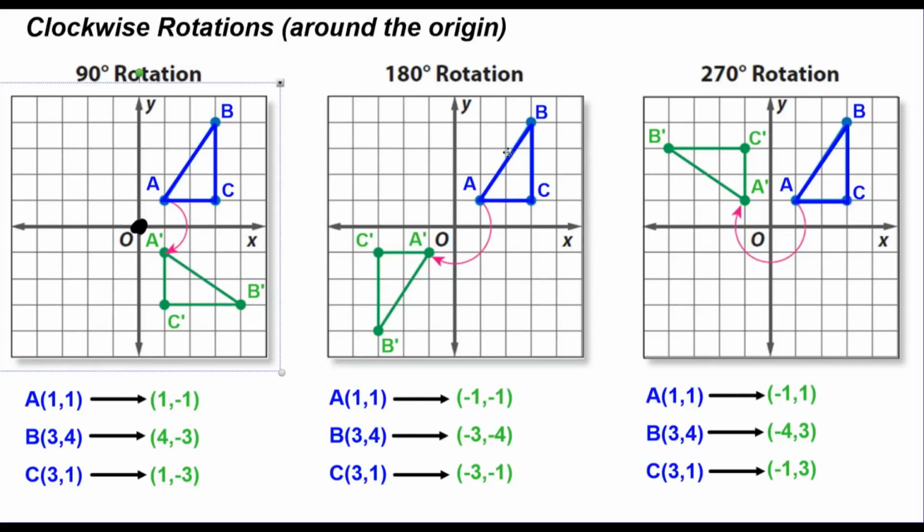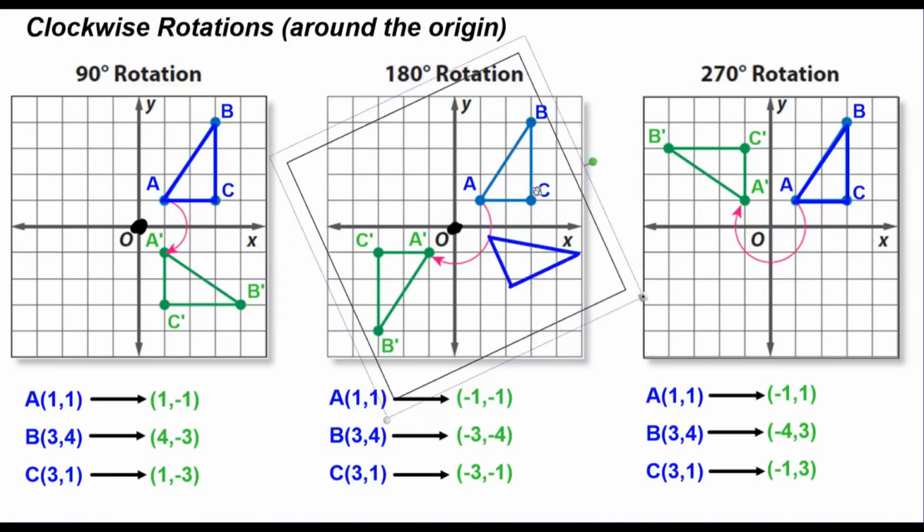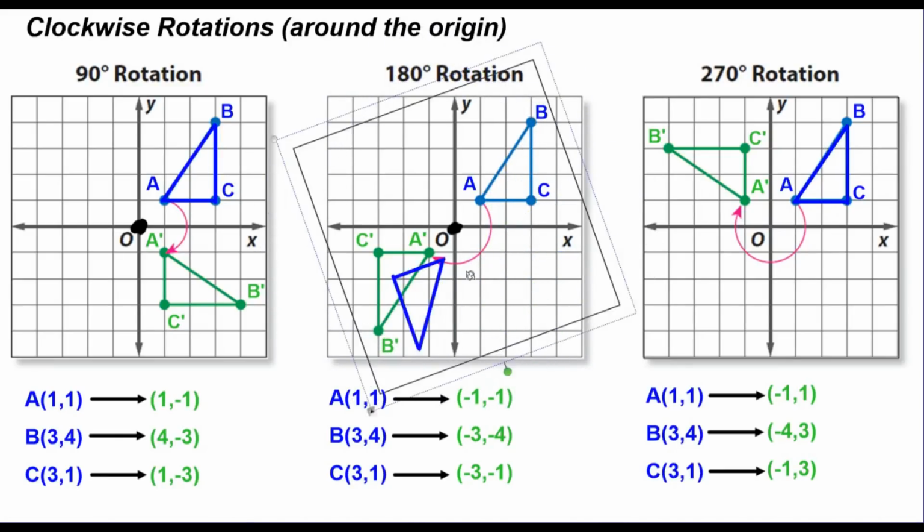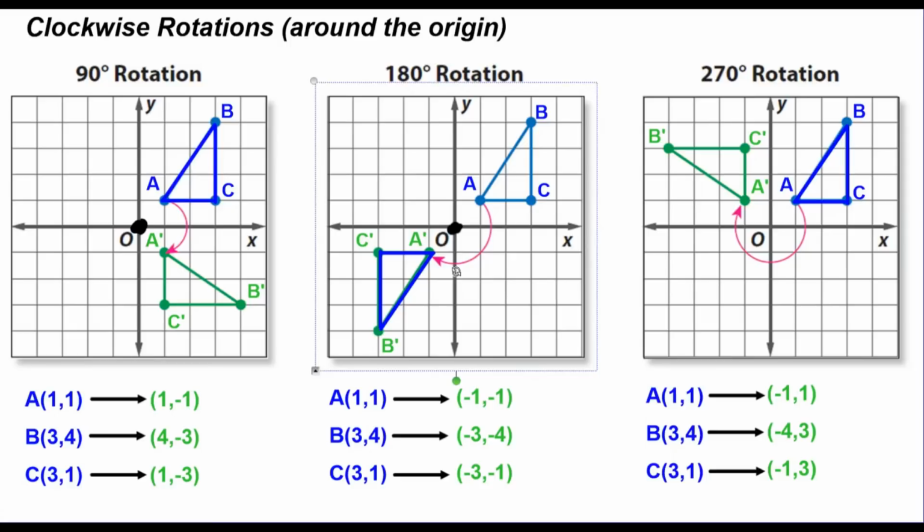Let's take a look at a 180 degree rotation around the origin. Again, we're still using the origin as our center of rotation. So we're going to rotate around the origin, and we're going to rotate it 180 degrees. So there's 90, and here's another 90, boom, 180 degrees.